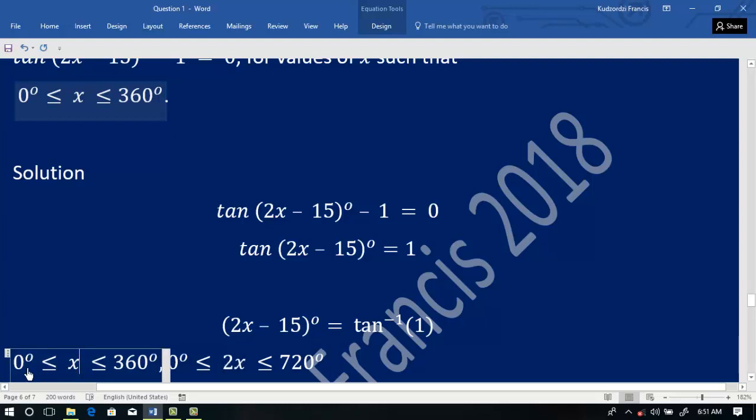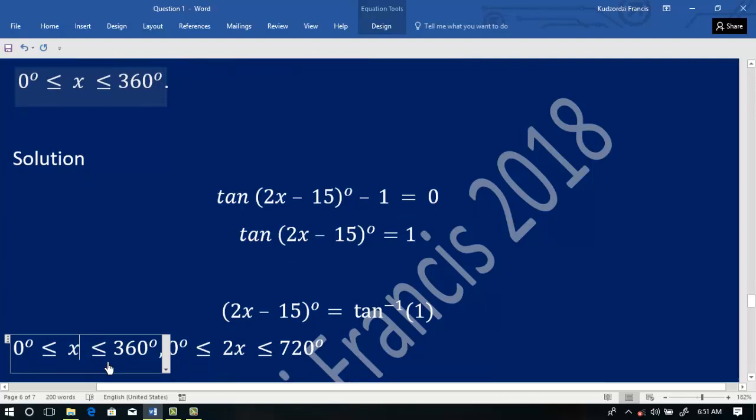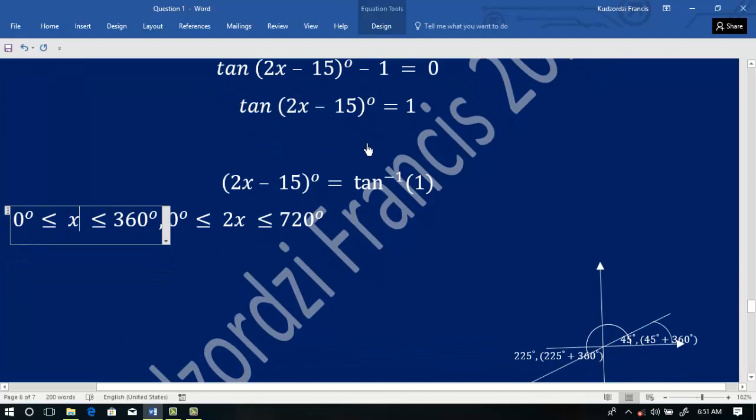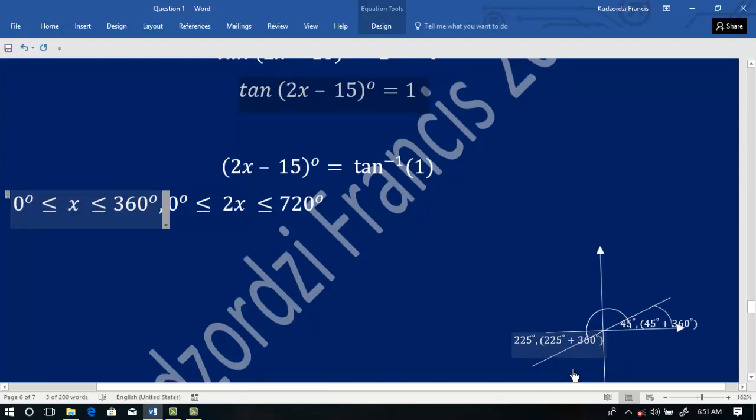Now let's take this one first. Within 1 revolution, we have something like this. If you are taking tan inverse of 1, tan is positive in the first quadrant and in the third quadrant. So in the first quadrant, you are going to get 45 degrees. That is, tan inverse of 1 will give us 45 degrees.